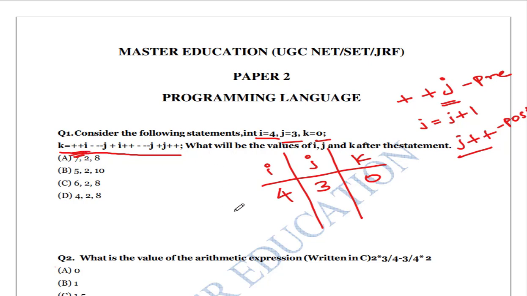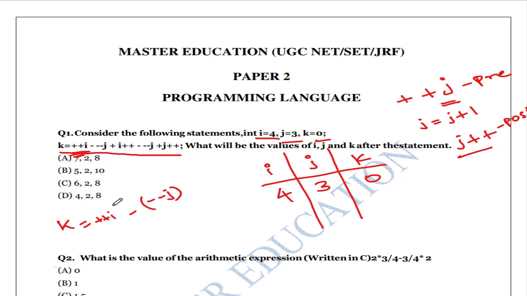So now you can see this ++i is a pre-increment, right? So you can write it as k equal to ++i - --j, then i++ minus j++.